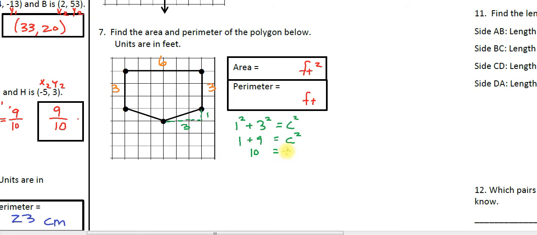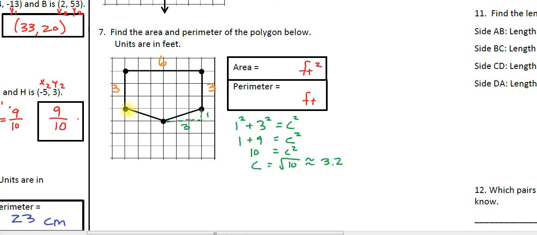That means 10 equals c squared. So c is the square root of 10, which is approximately, oh boy, let's see, 3.2.